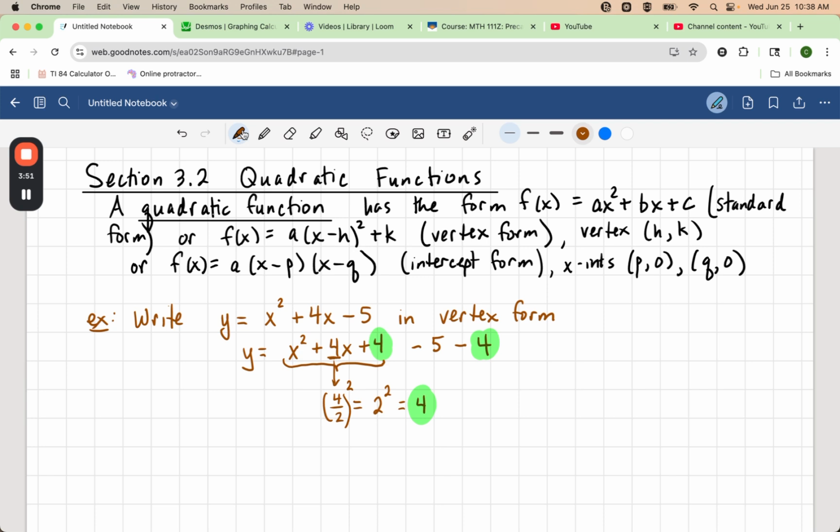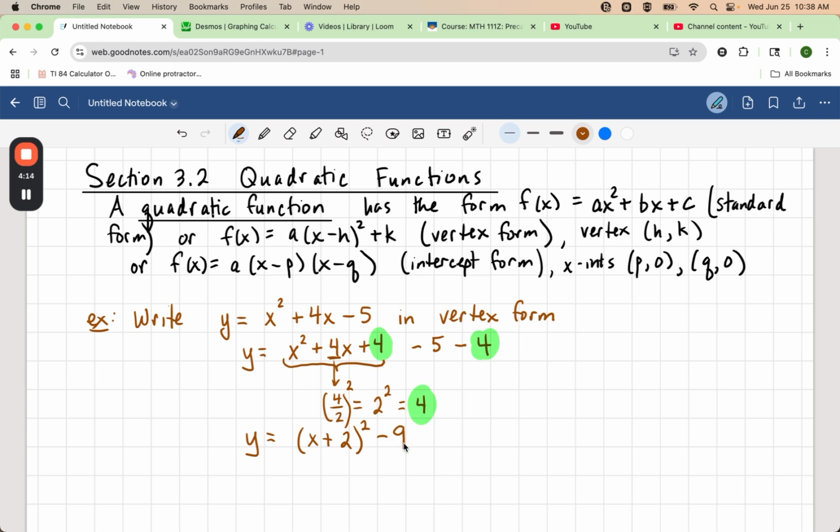So that's a legal algebraic move. So that plus 4 next to the x squared plus 4x completes the square. All right, so I end up being able to factor x squared plus 4x plus 4 into x plus 2 squared. And then I got the negative 5 minus 4 is negative 9.